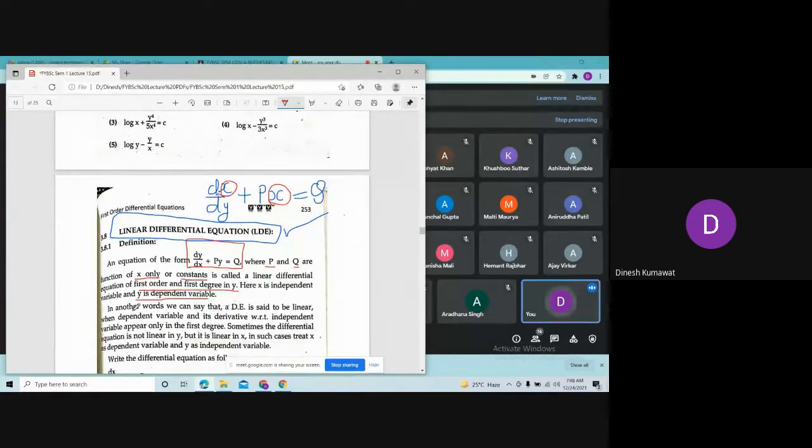In other words, a differential equation is said to be linear when the dependent variable and its derivative with respect to the independent variable appear only in the first degree. You can see this is appearing only in the first degree. Is that clear? What do we mean by linear differential equation?